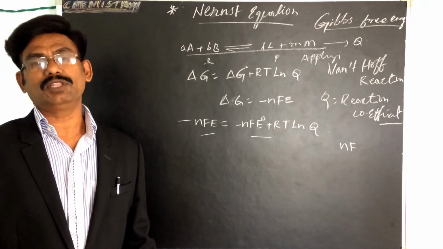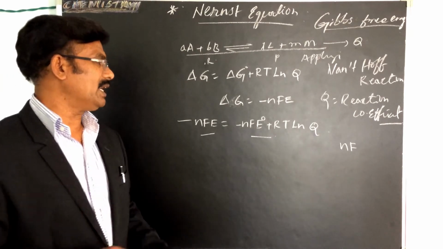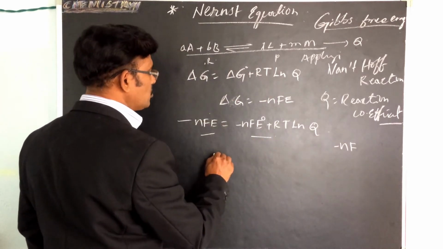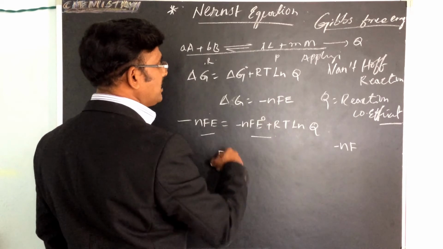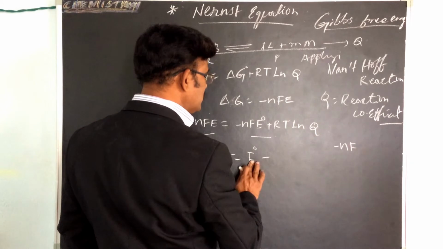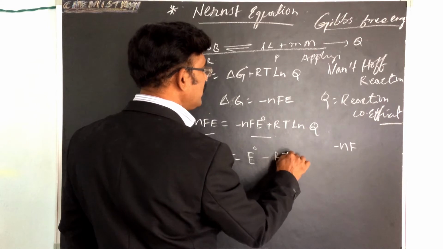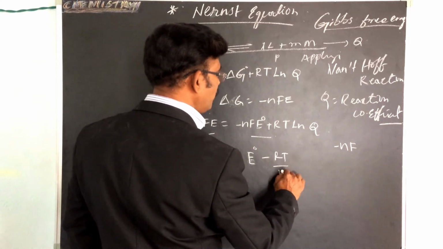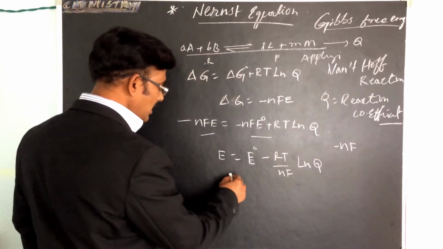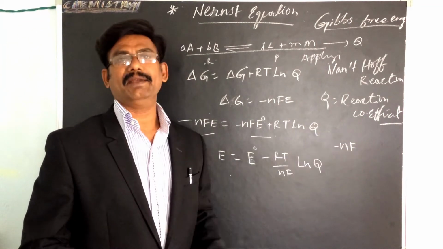Minus NF and minus NF cancel, so we get E on one side, and here E0, and here minus RT by NF ln Q. So this is the equation we get after dividing both sides by minus NF.